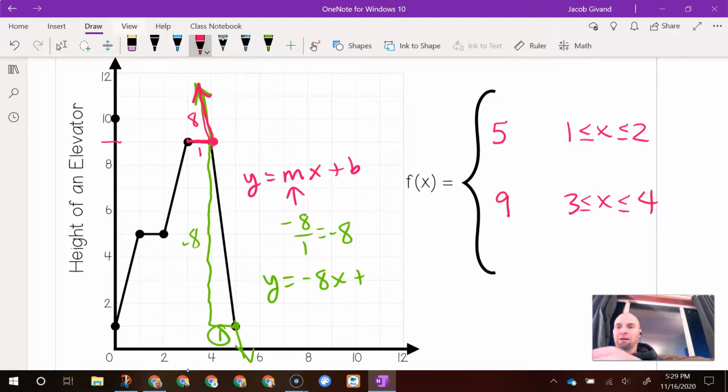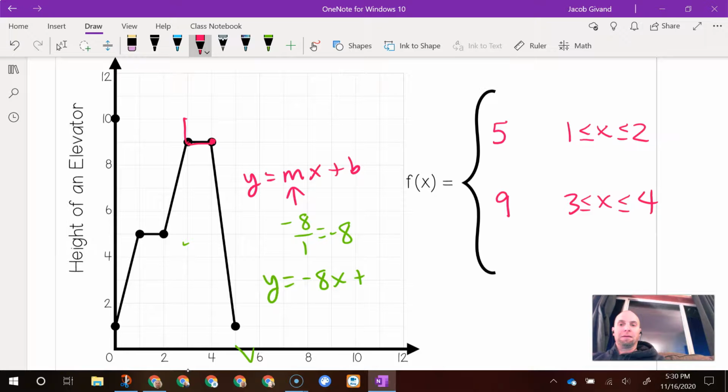So right here, let me erase some stuff, just so we get rid of some of the clutter. So right here we are. But as we go back 1, we're going to go up 8. And then as we go back another one, we're going to go up another 8. It's going to go up another 8 every time.